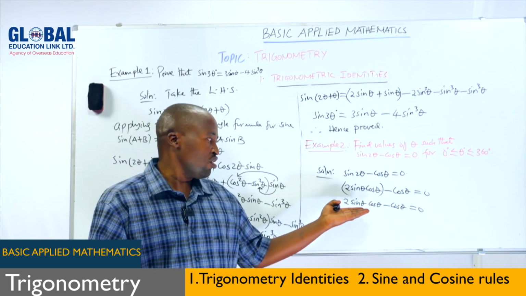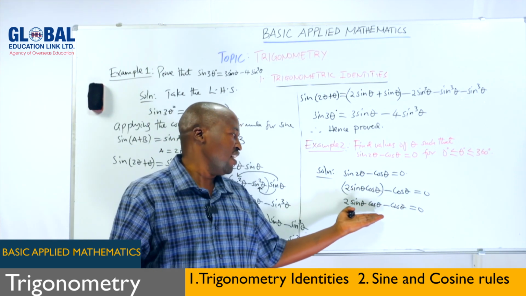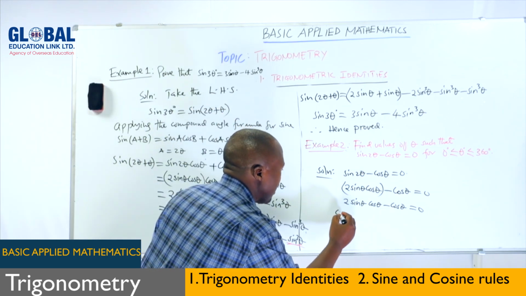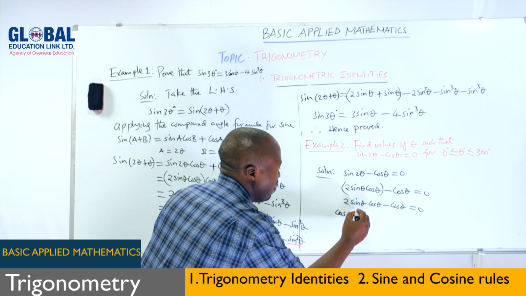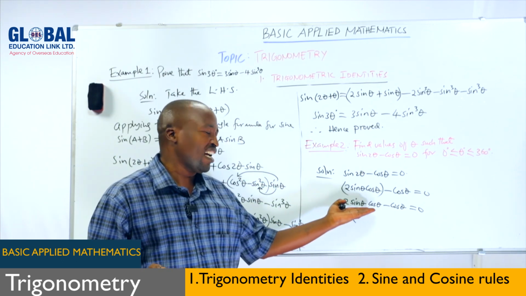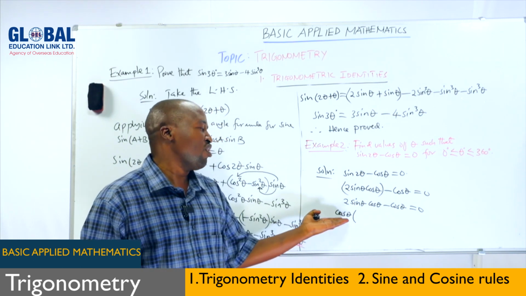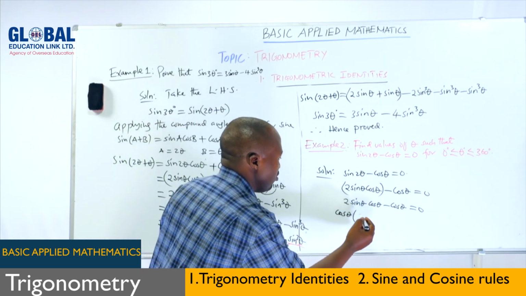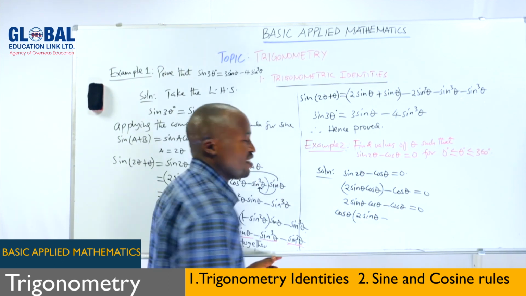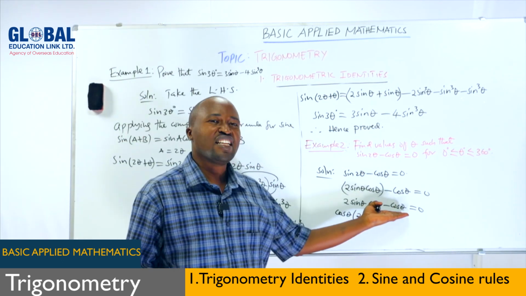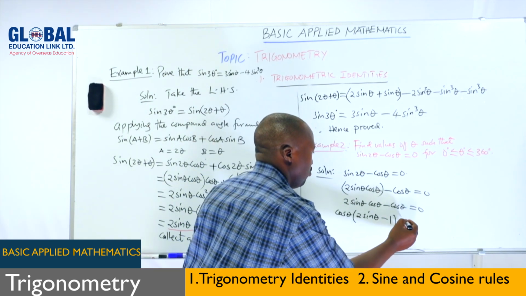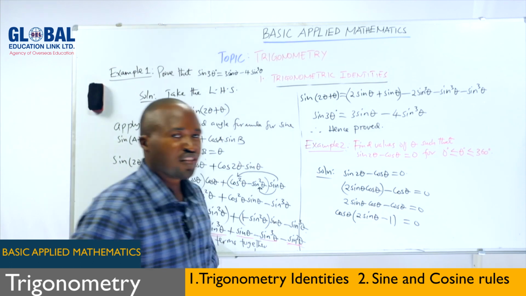Now cos theta is common. So we put out of the bracket cos theta, bracket of, now we take 2 sine theta cos theta divided by cos theta. So we are going to have 2 sine theta minus, then cos theta divided by cos theta, that is 1, which is equal to 0.